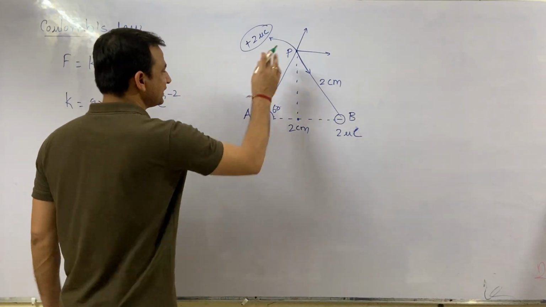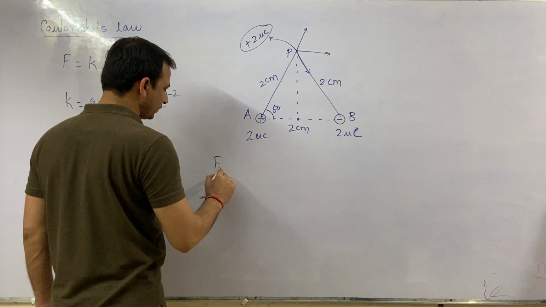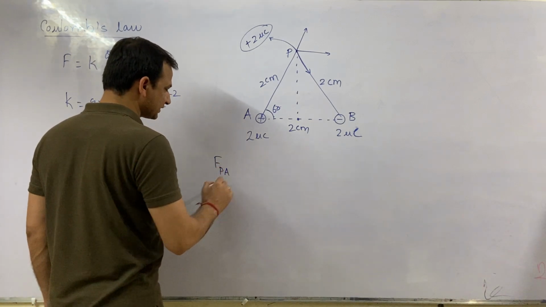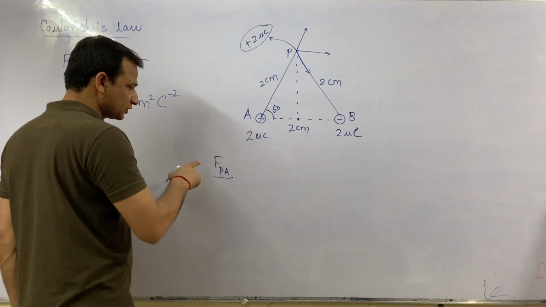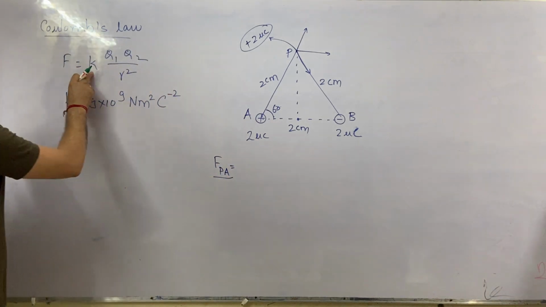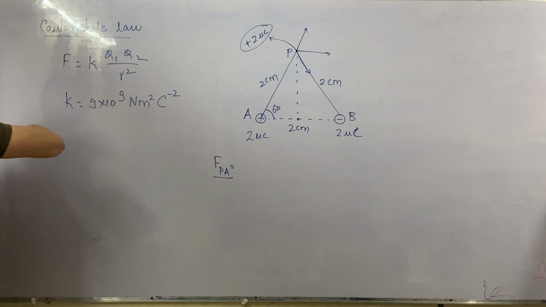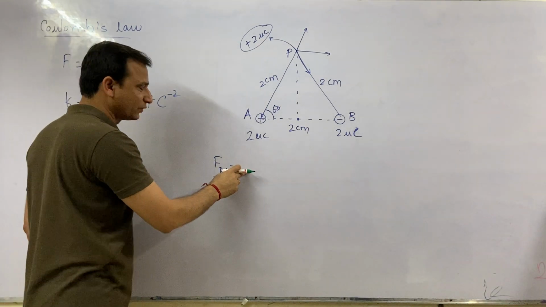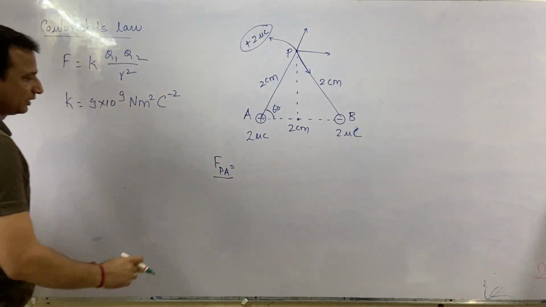So let's calculate the force at point P due to the charge at point A. So FPA is equal to K Q1 Q2 by R square. I'm not going to write that formula again; you can see the formula here.